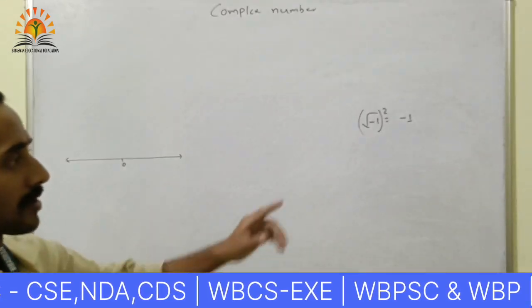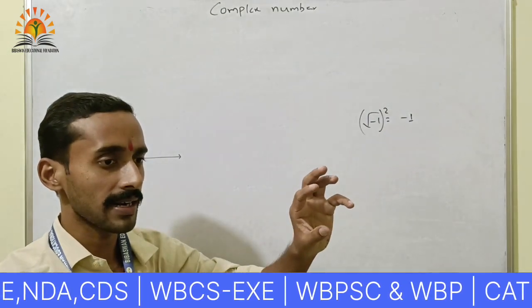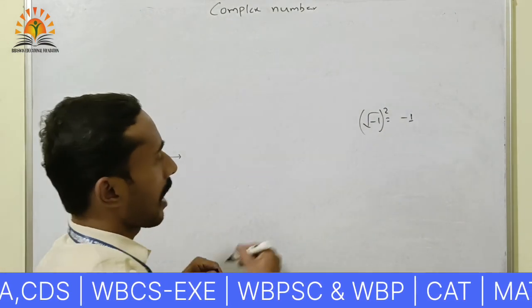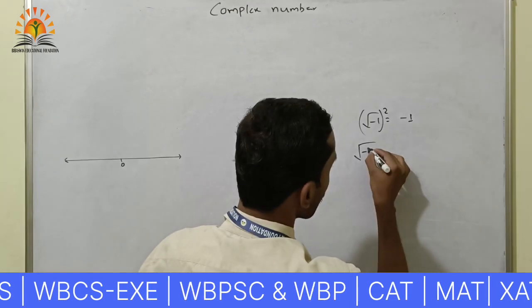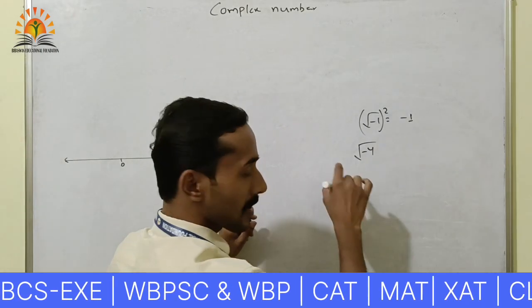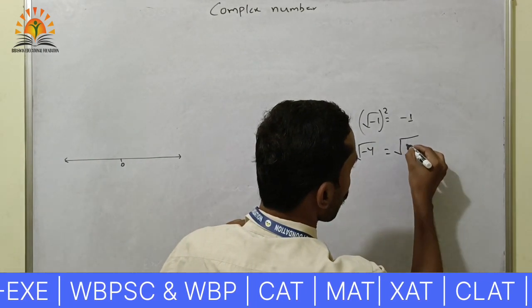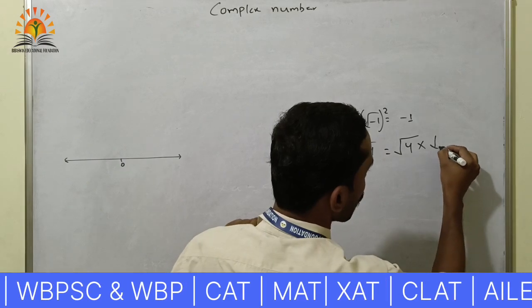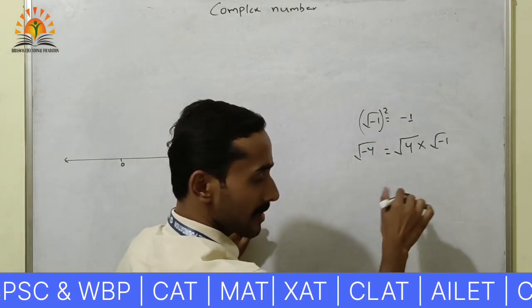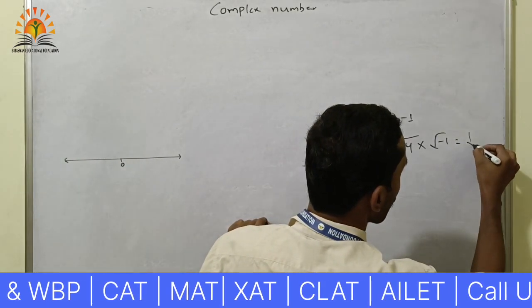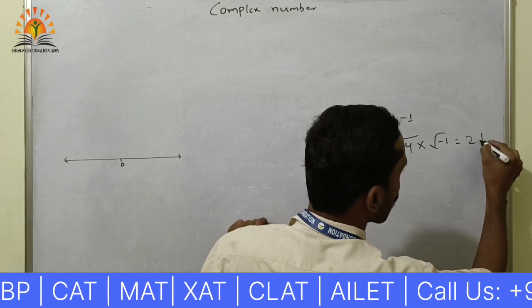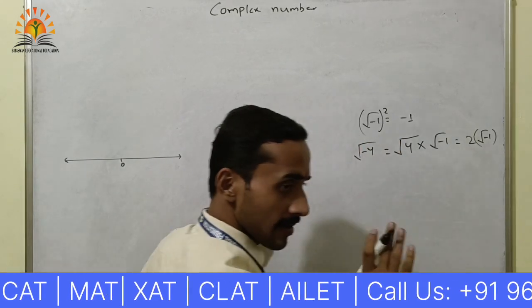Any number whose square becomes negative comes under imaginary numbers. So how can we define it? Root over minus 4 is written as 2 multiplied by root over minus 1. Then it becomes root over 2 and root over minus 1. Clear?